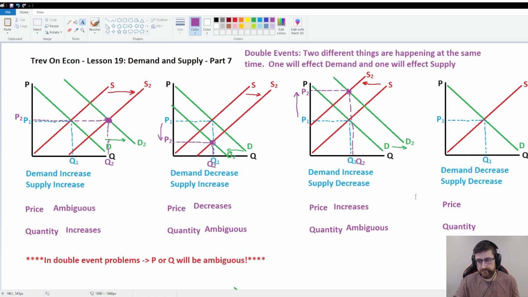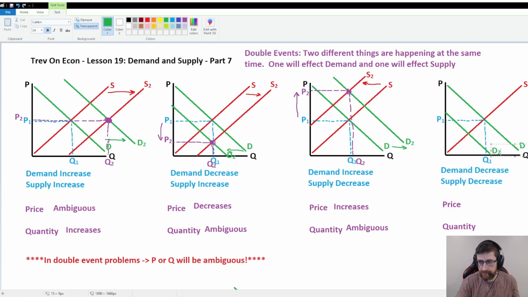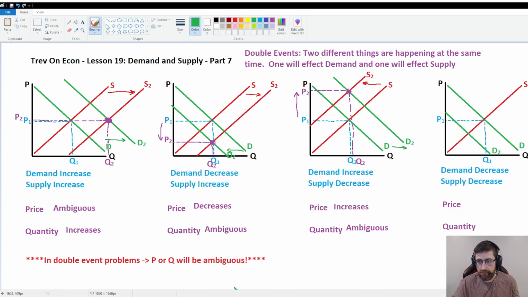Final one. We're going to now take demand and decrease it. So again, move it to the left. Something like that. We're going to also decrease our supply.